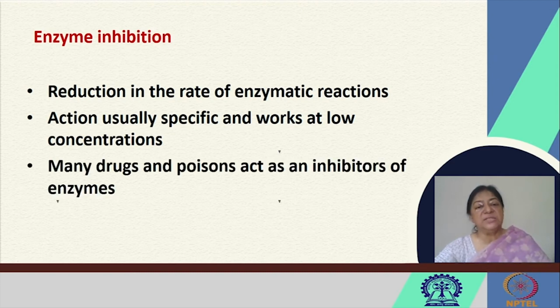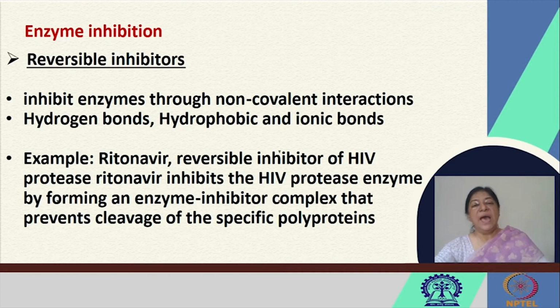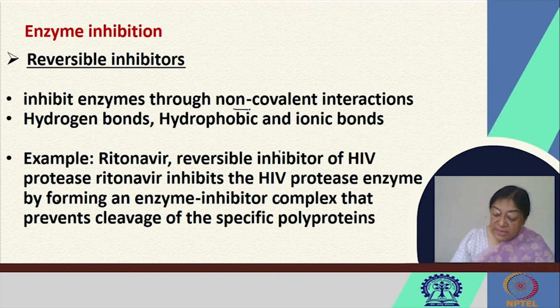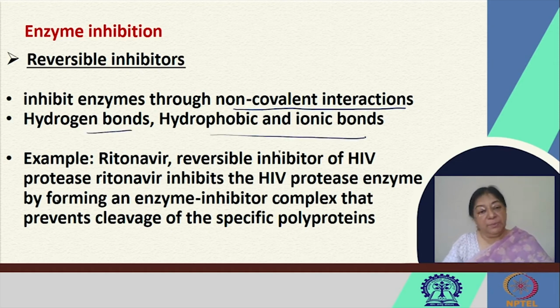And many drugs and poisons actually act as inhibitors of enzymes. So let us look at enzyme inhibition. We have different types of enzyme inhibitors in terms of reversible inhibitors. As the name implies, they interact through non-covalent interactions, mainly hydrogen bonds, hydrophobic and ionic bonds.